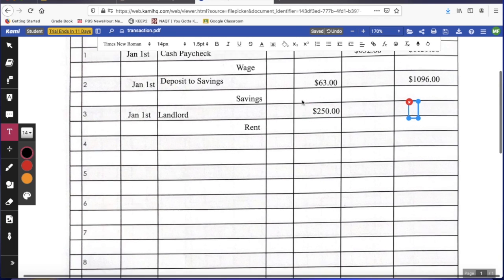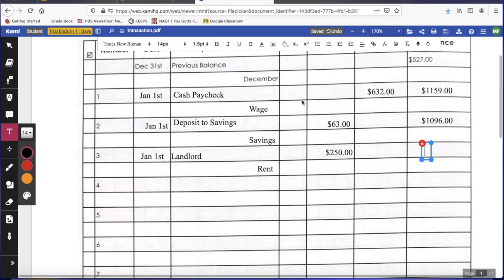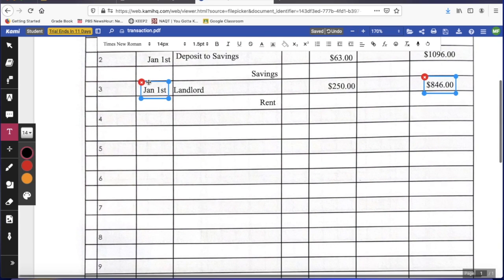So again, that's in the debit section. So $1,096 minus $250. Get your little calculators out. That is going to be a new total of $846. Okay.